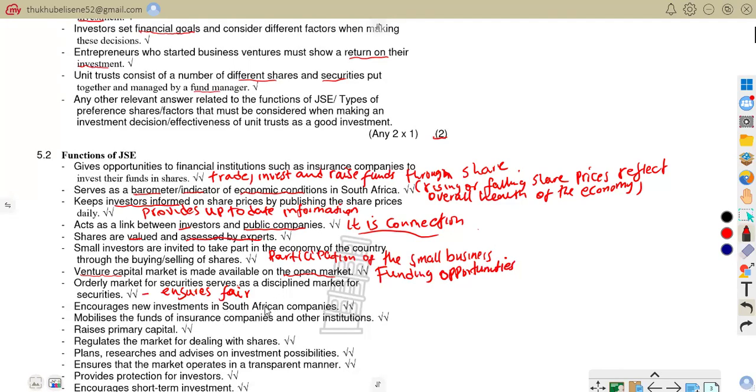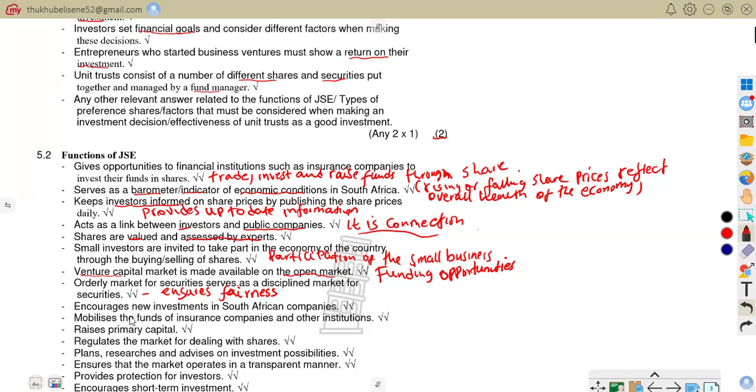So that is that it ensures fairness as well as orderly trading under the strict rules. So that's what it means.